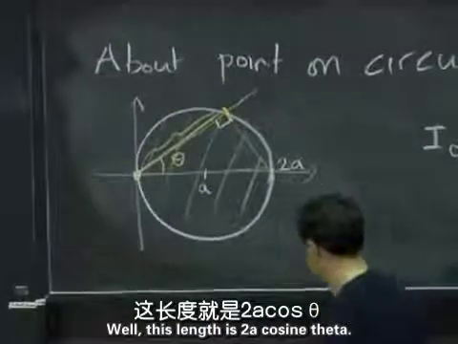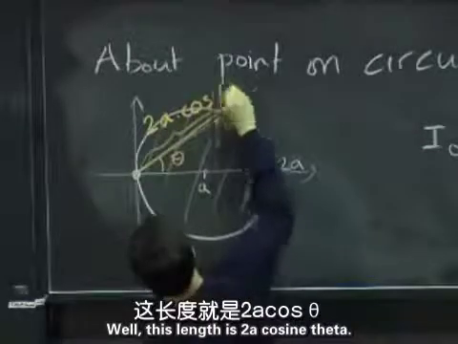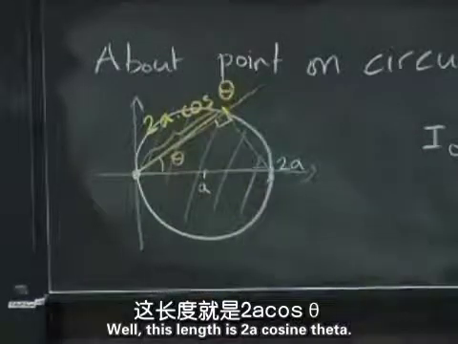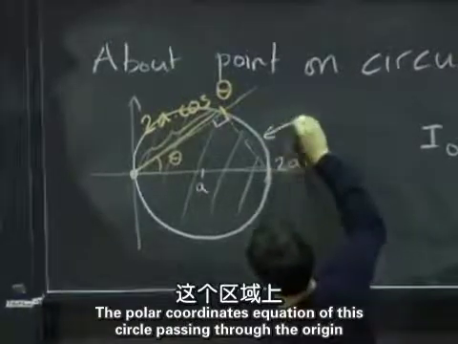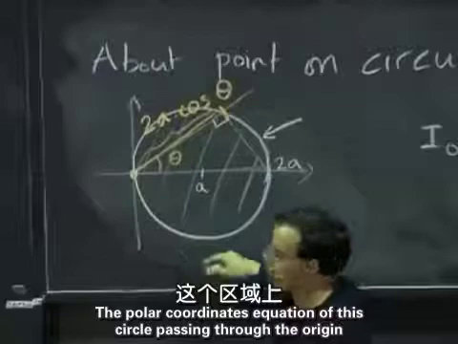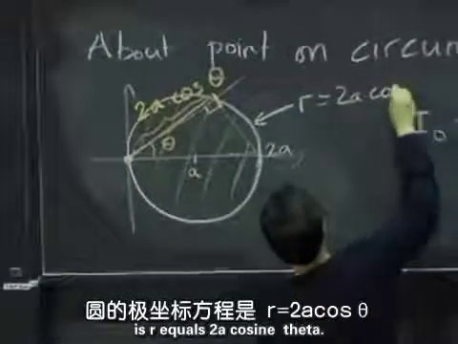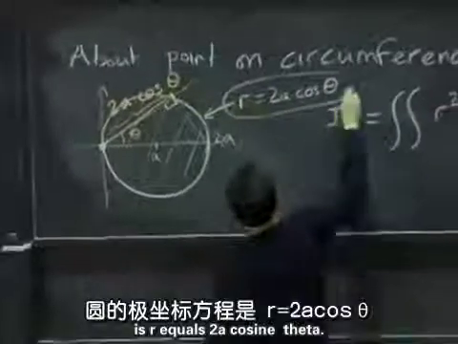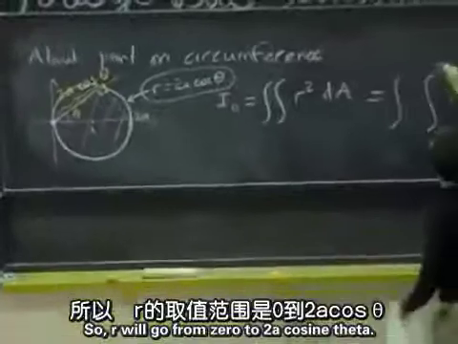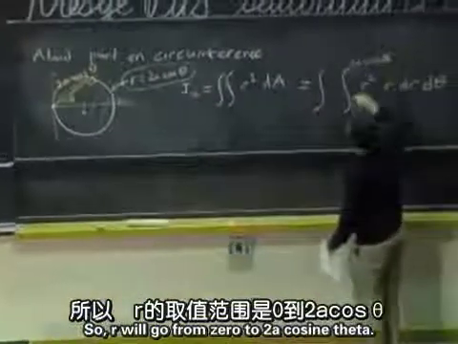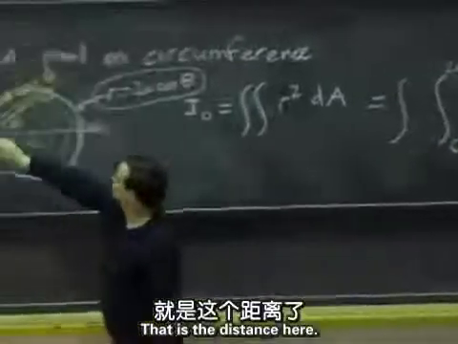Well, this length is 2a cosine theta. Okay. So the polar coordinates equation of this circle passing through the origin is r equals 2a cosine theta. So r will go from 0 to 2a cosine theta. Okay, that's the distance here.